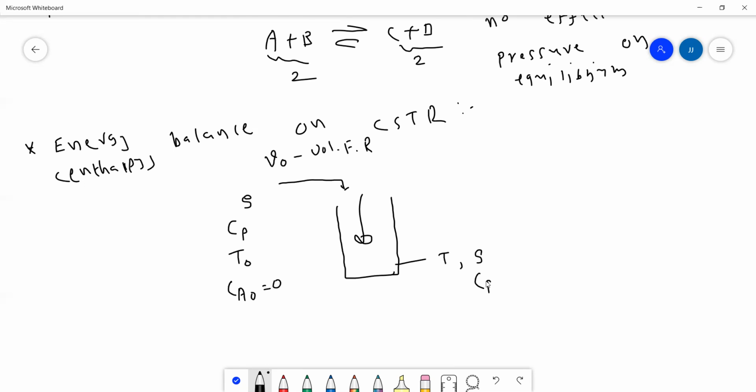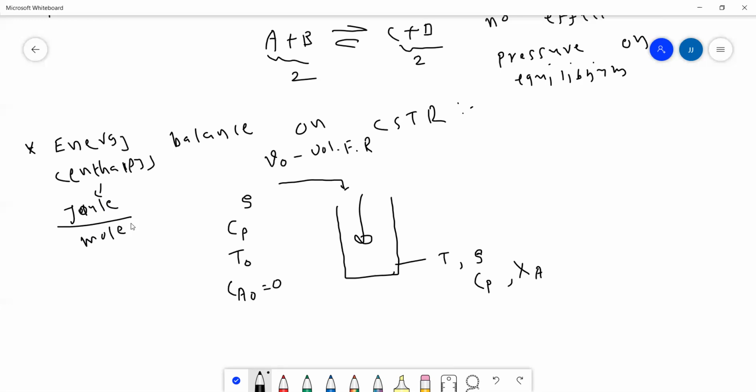Cp is the specific heat capacity, and Xa is the conversion. We know that the unit of enthalpy is joule per mole.